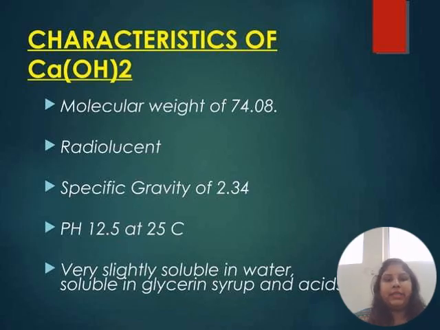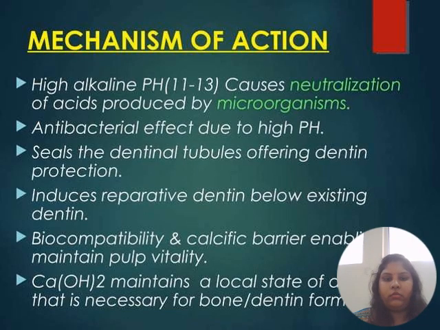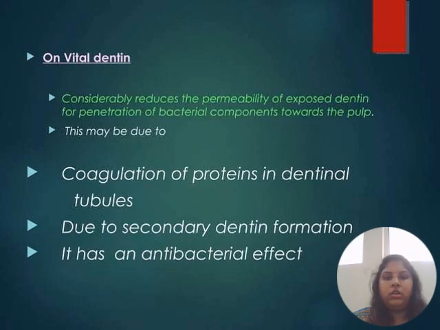So the main characteristics are: it is radiopaque, its pH is 12.5 at 25 degrees Celsius, it has a molecular weight of 74 and a specific gravity of 2.34. On vital dentin, it considerably reduces the permeability of exposed dentin to the penetration of bacterial components towards the pulp.